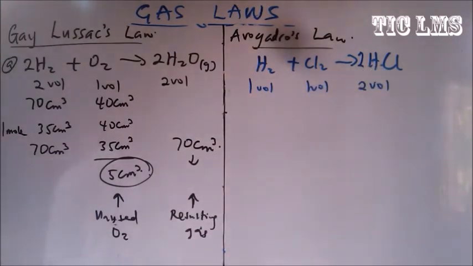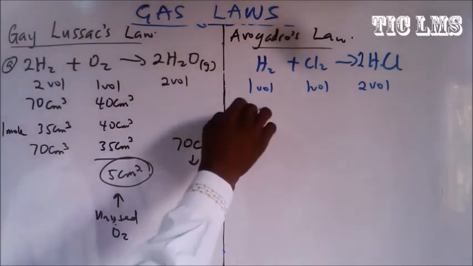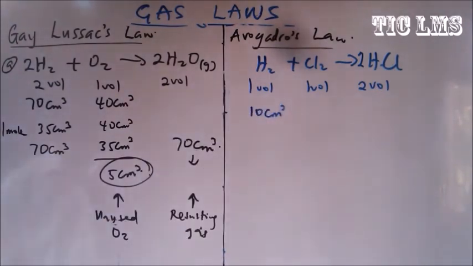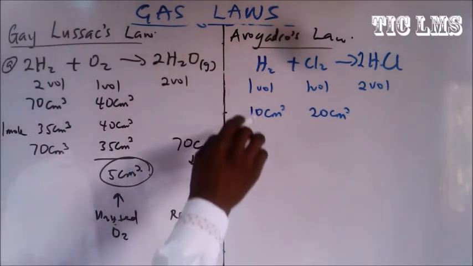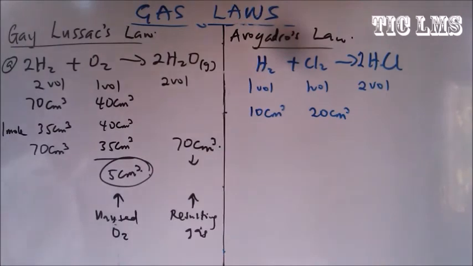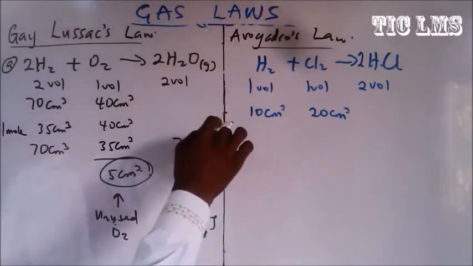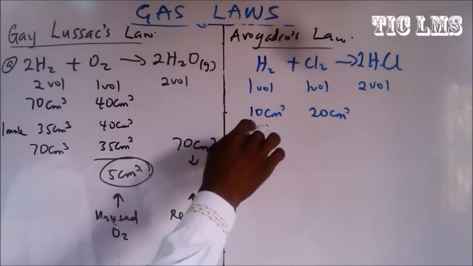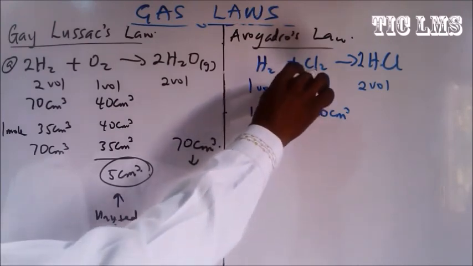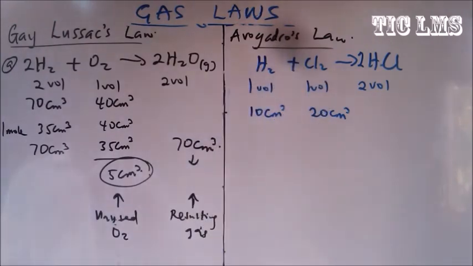Now from the question, we have that 10 cm cubed was available to react with 20 cm cubed of chlorine. Now with that in mind, we have that they react in simple ratio to one another. So 1 volume of hydrogen is 10, and then 1 volume of chlorine over here is 20.